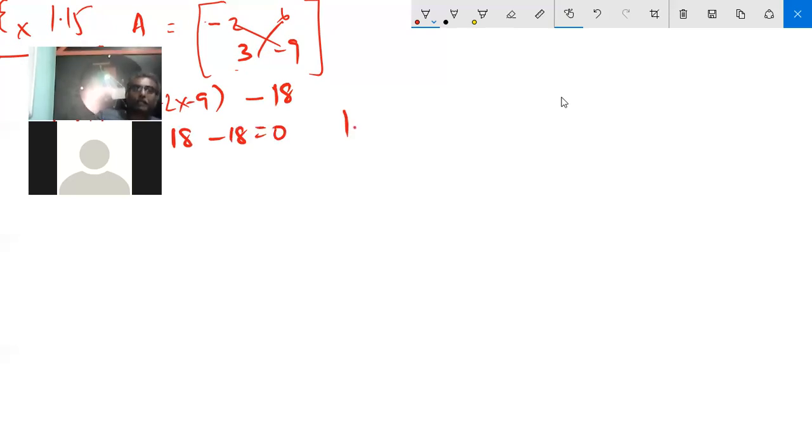So delta A equal to 0 means it is a singular matrix. So A inverse doesn't exist.